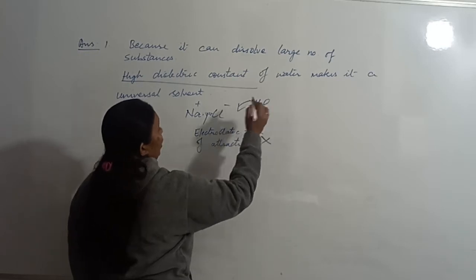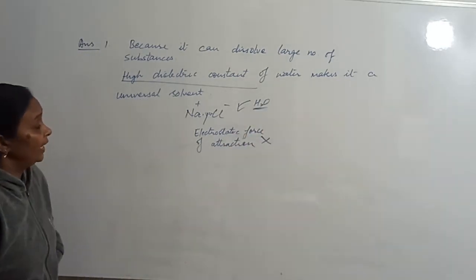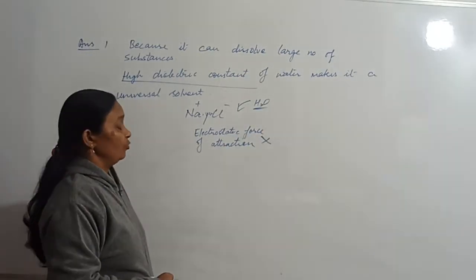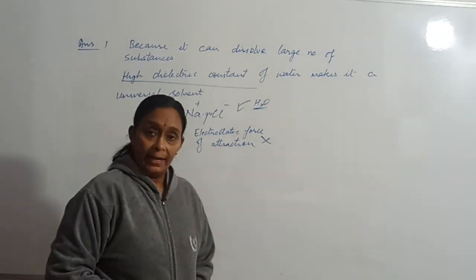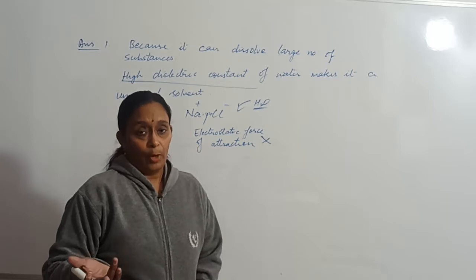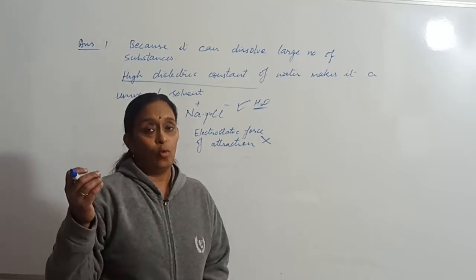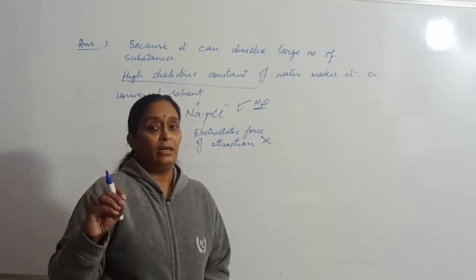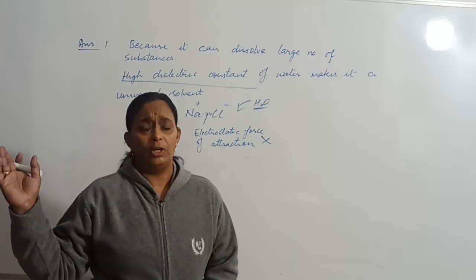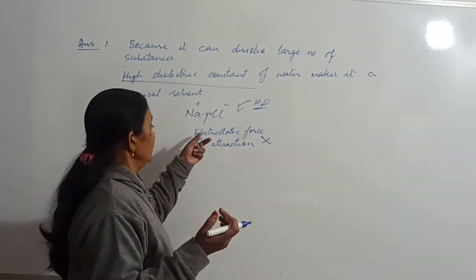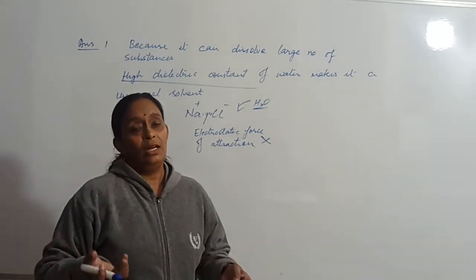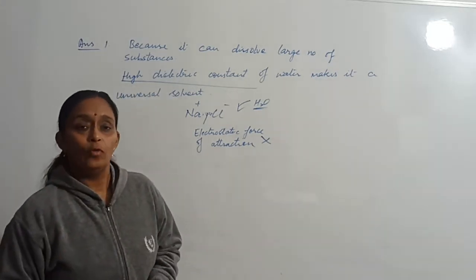This tendency of water to break the electrostatic force of attraction between Na+ and Cl- ions is known as dielectric constant, and this property has a high value for water. So water can dissolve a number of inorganic compounds which have this force of attraction, and thus a large number of substances can dissolve in water.